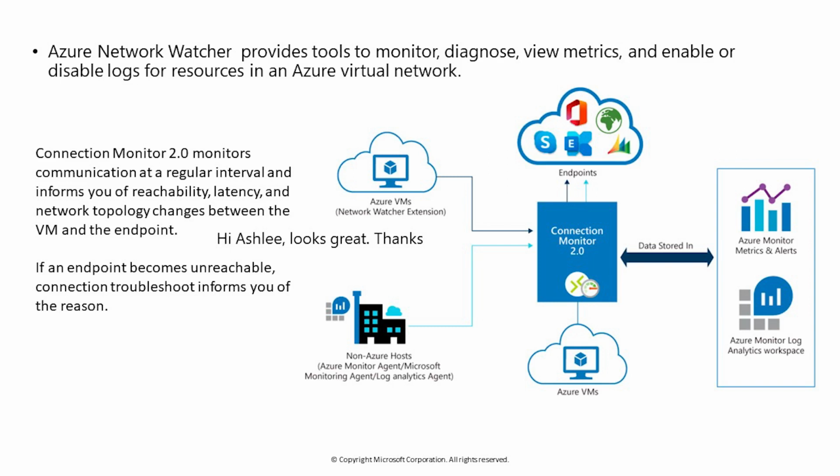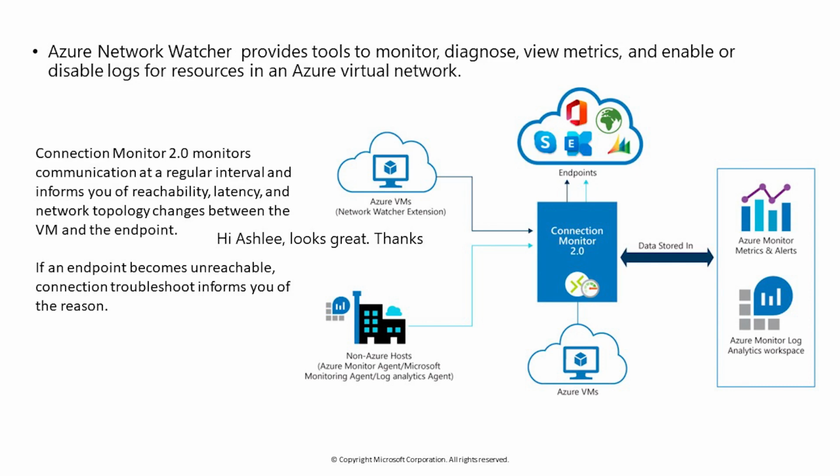So Network Watcher is basically a tool with the help of which you can monitor your diagnosis, your metrics, logging, everything which comes in, and you can have a connection monitor. So it's very helpful in troubleshooting also.